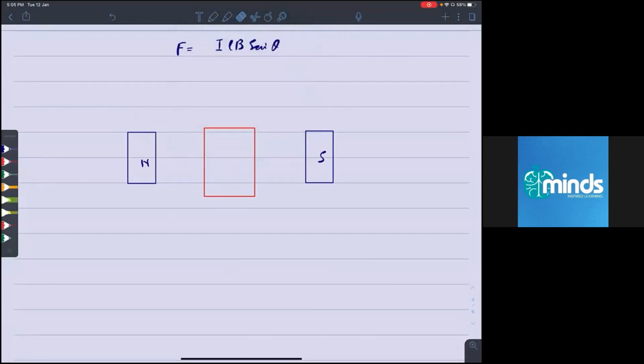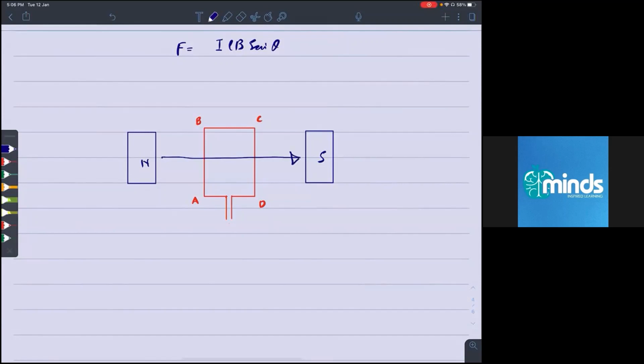Let me make it a little better first. Okay, the conductor is in the form of a rectangular loop, and the name of this loop is A, B, C, and D. So magnetic field is from north pole to south pole.